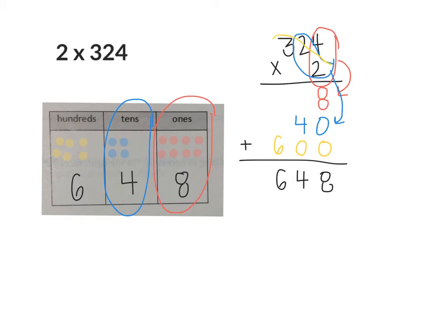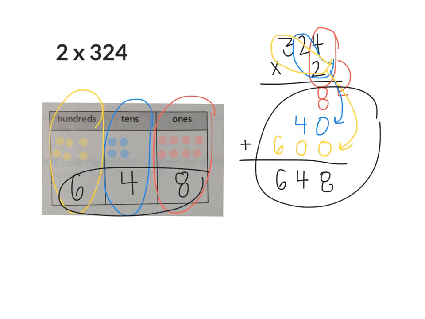And then we're doing 2 copies of 300 is 600. When we add them all up, we get our total product. Okay, so one's using discs and pictures to represent it, and one side is using numbers. Make sense? Good.